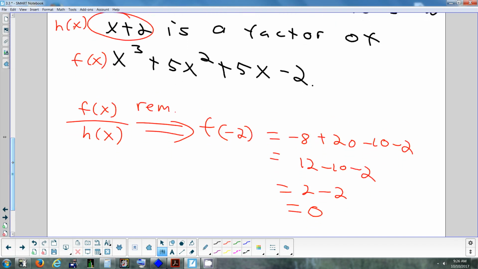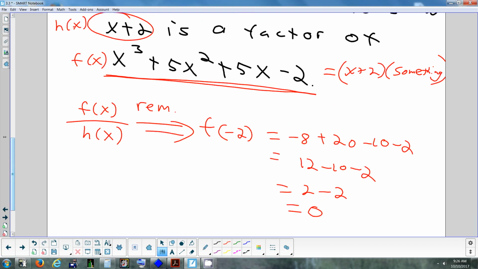Now, if you wanted to know the other factor, then you do the long division. Because now you should be able to factor that. Knowing that x plus 2 is a factor, this equals x plus 2 times something. How do you find the something? Divide each side by x plus 2. And that's what we did in the first part of today. That's the long division.